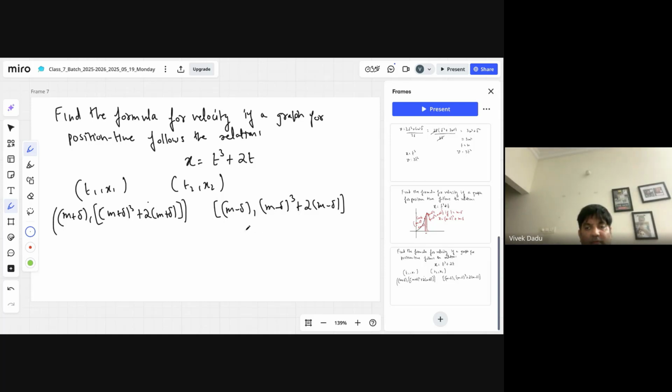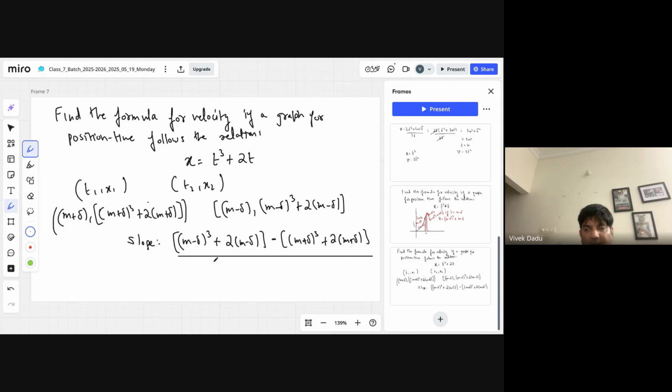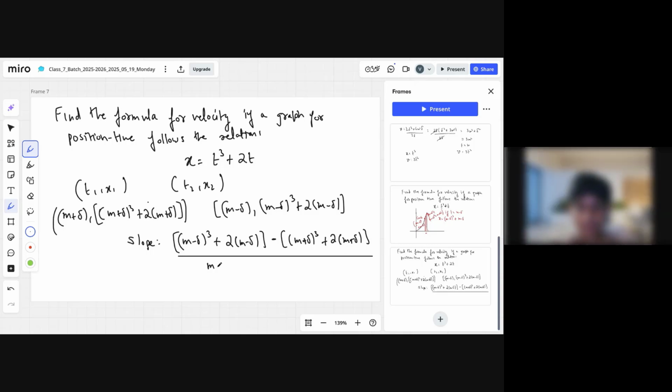Now the slope is, sir, m minus delta whole cube plus 2 times m minus delta minus m plus delta whole cube plus 2 times m plus delta. Now divide by m minus delta minus m plus delta.